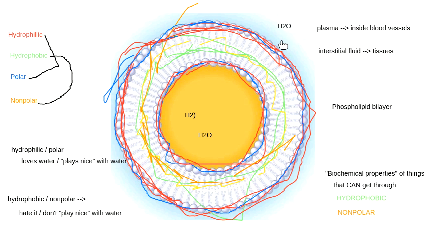It's these tails that decide what can and cannot get in and out of the cell. So things that are hydrophobic, things that are nonpolar, they can sneak straight through. They go from outside to inside, no questions asked, or they go from inside to outside, no questions asked.